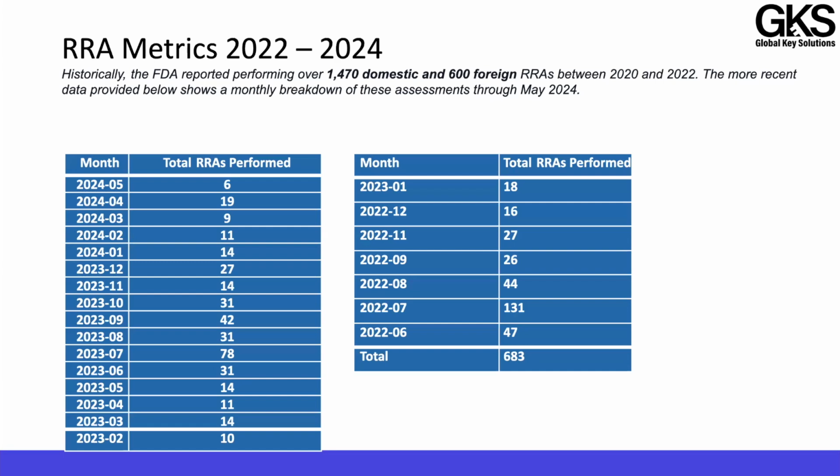That means that we, the industry, also have to get better at it. This was obviously during COVID, when there were more than now, but I expect that the regulatory assessments will increase. Next slide, please.